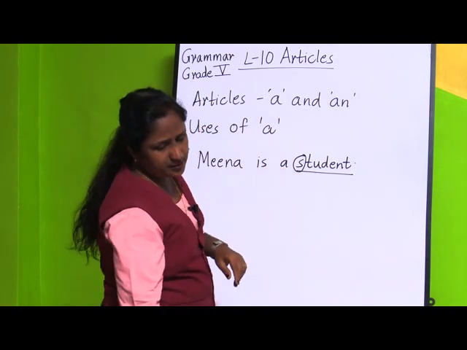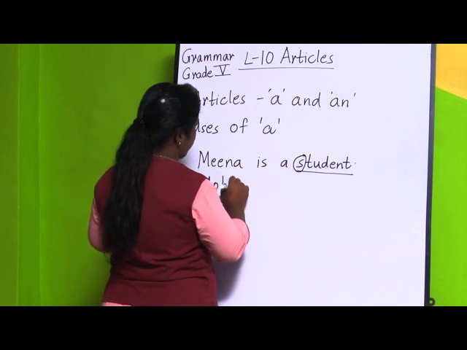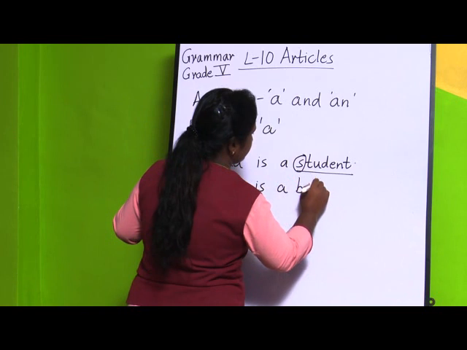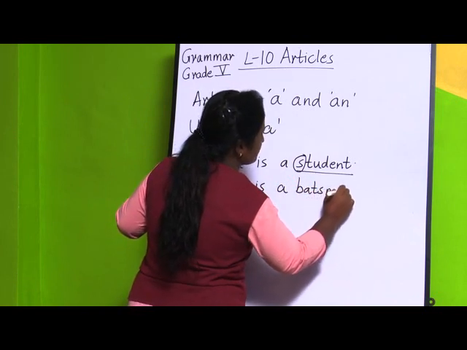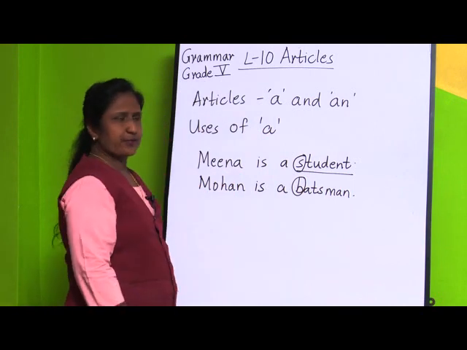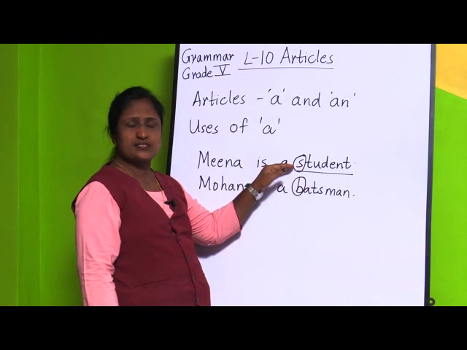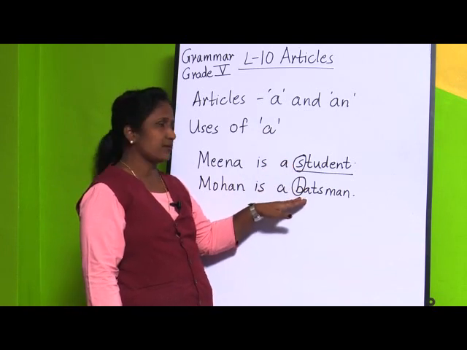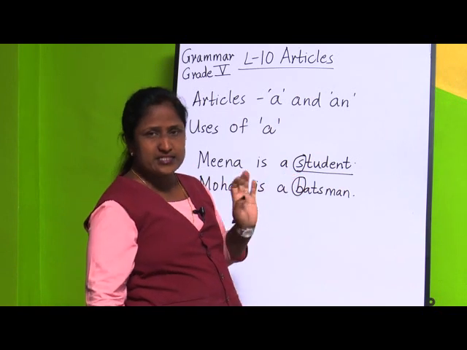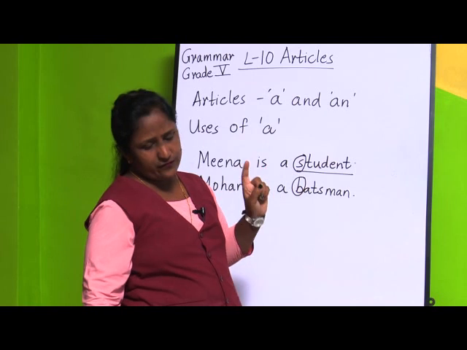Take another example: Mohan is a batsman. Now, B is also a consonant. So we use the article a if the word begins with a consonant sound.